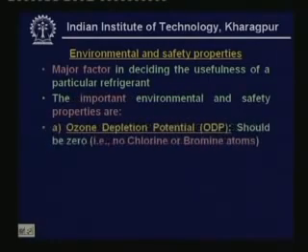The first property is ozone depletion potential. The ozone depletion potential, or ODP, should be 0. The ODP of a refrigerant or a fluid depends mainly on the number of chlorine or bromine atoms in the molecule. If the molecule contains chlorine or bromine atoms, then it will have a non-zero ODP value.